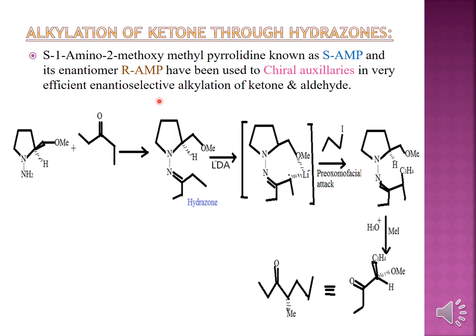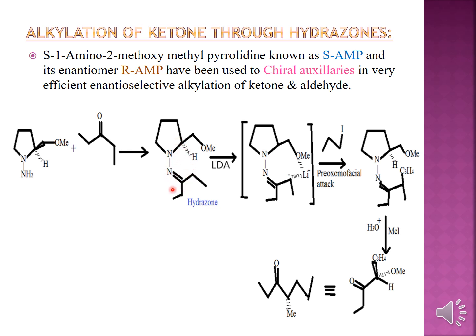So here basically you are alkylating either a ketone or an aldehyde. You take the substituted pyrrolidine compound and treat it with diethyl ketone. In the first step you get your hydrazone molecule.